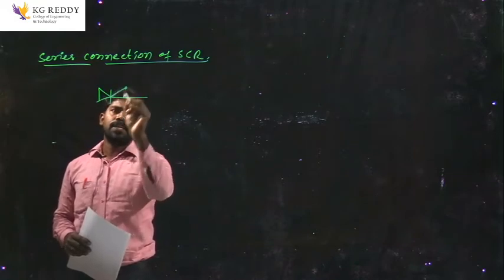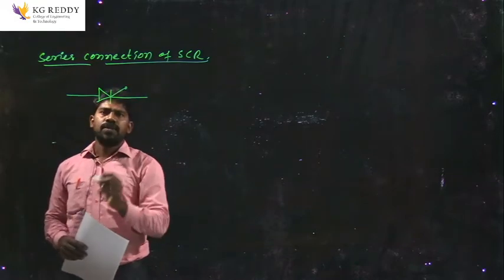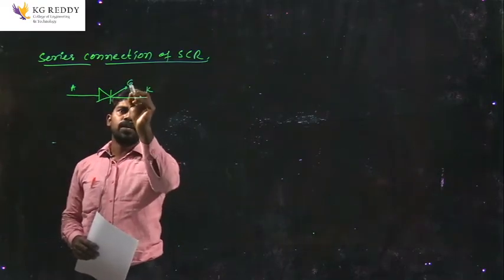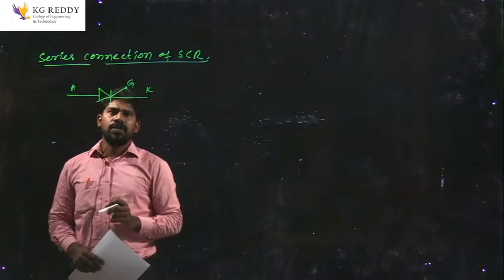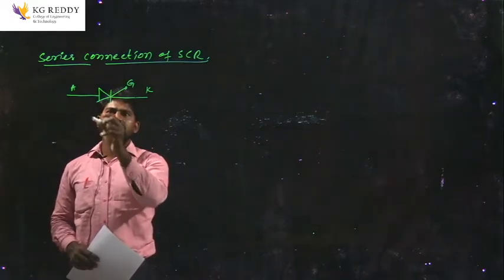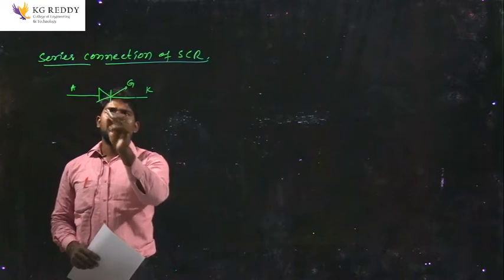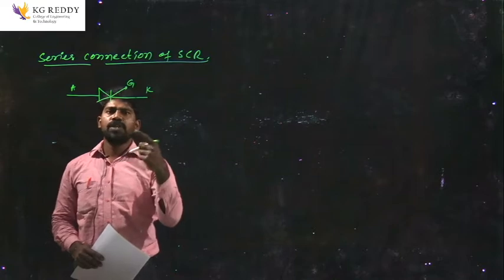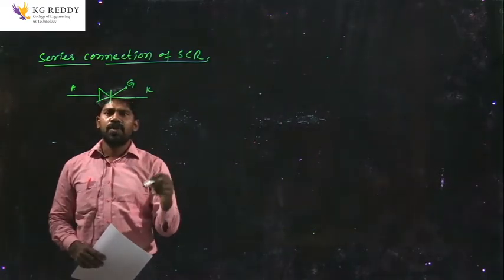This is the anode terminal, this is the cathode terminal and this one is the gate terminal. SCR is a 3 terminal, 3 junction, 4 layer semiconductor device.